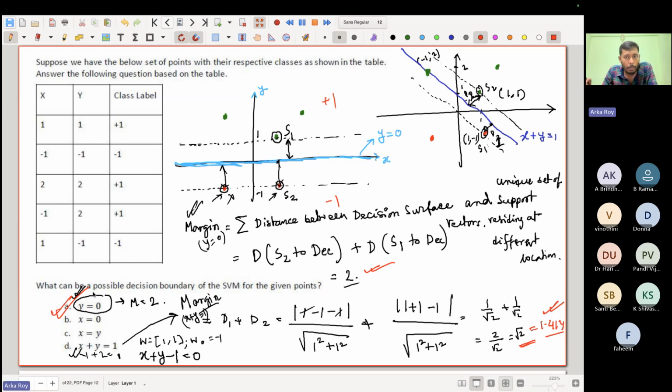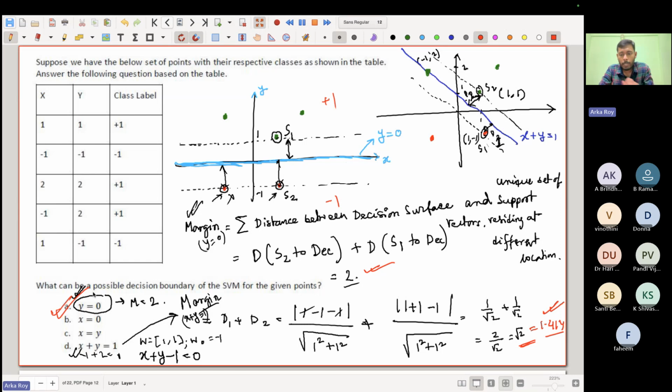What your approach should be: if you have certain equations like this, for all of the equations, try to draw the equation. Then the rule of thumb is to calculate the margin. And for whichever line you get the highest margin, that is the optimal line of equation that you can consider as a decision boundary.